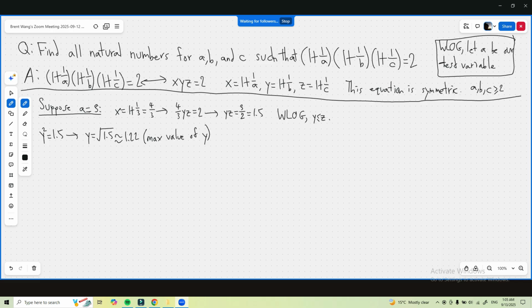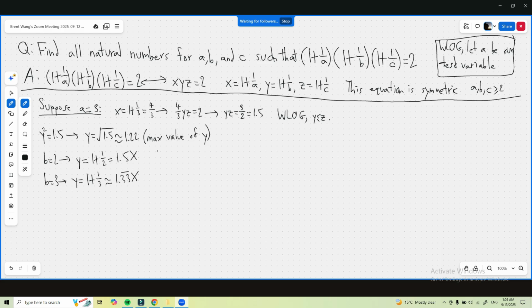Okay, so let's just test our B values and see when it is acceptable. If B was equal to 2, y would equal 1 plus 1 over 2, which is 1.5. That's too high. If B was equal to 3, y would be 1 plus 1 over 3, roughly 1.33 repeating. That's also too high.